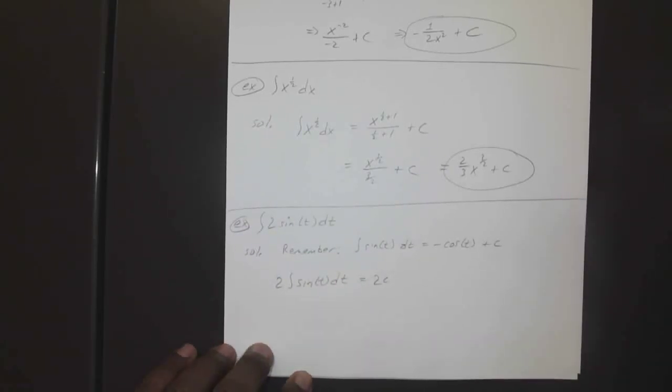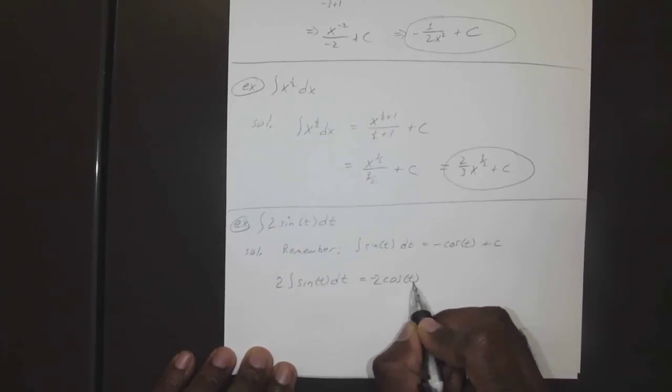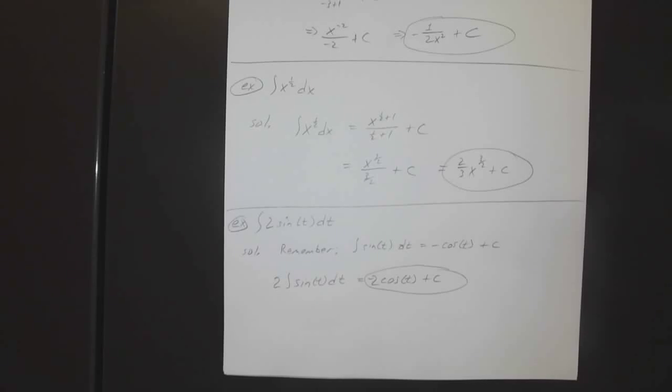Forgot my negative. I'll just put the negative up front. Plus c. Okay, so normally this would be 2 times this entire integral, which means you'd end up with 2 times c, which is still just a constant, so you just keep it as a constant c.